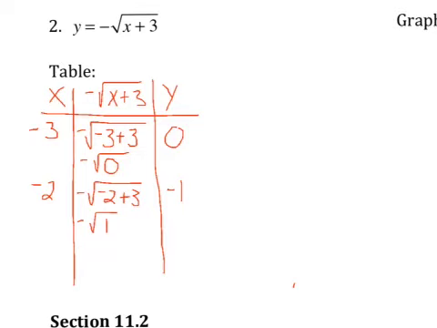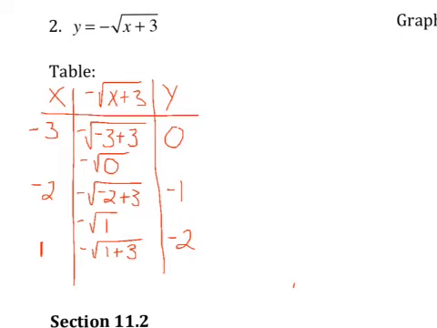The next number I want to plug in should give me a 4 inside the square root, so I'm going to plug in a 1. 1 plus 3 is 4, the square root of 4 is 2, and then we multiply it by the negative on the outside, so we get a negative 2.